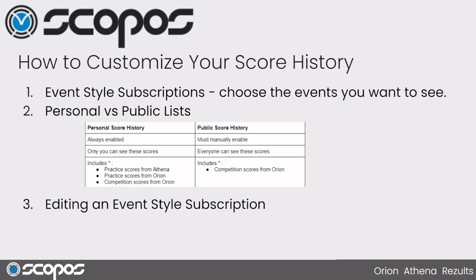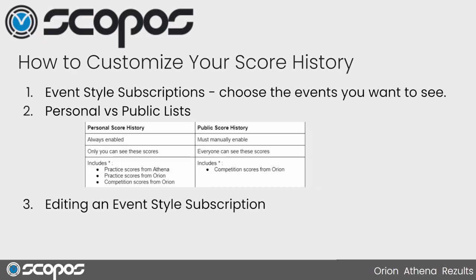First off is personal versus public lists. Your personal score history is always enabled, but you are the only one who can see these scores. They are going to include scores from Athena, practice scores and competition scores from Orion. If you decide to enable a public score history, which you must manually enable, everyone can see those scores.